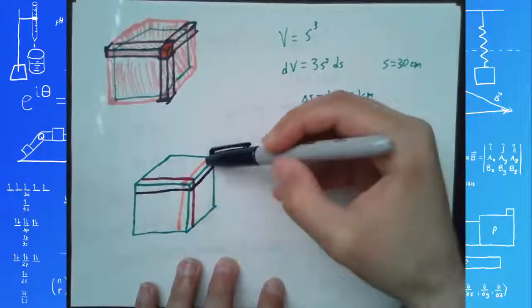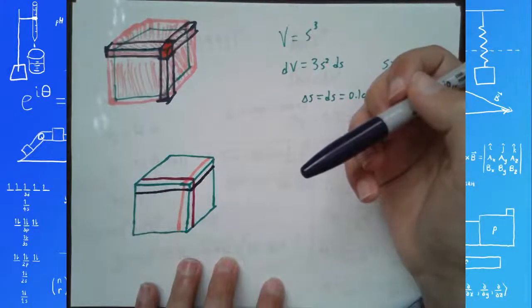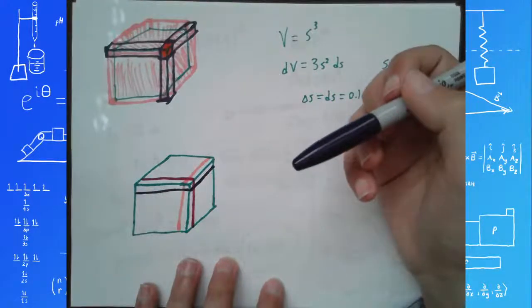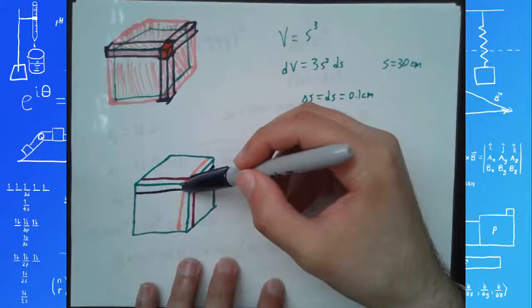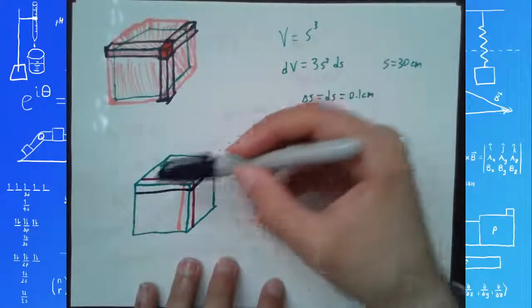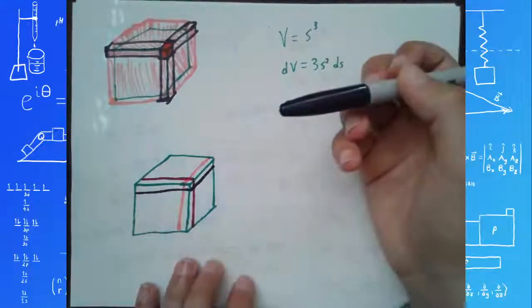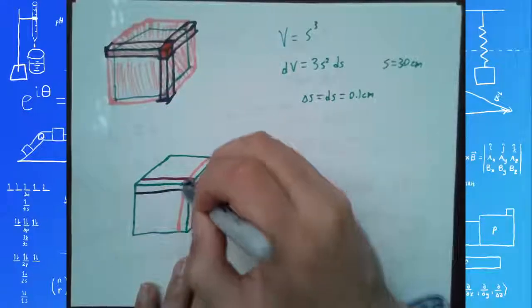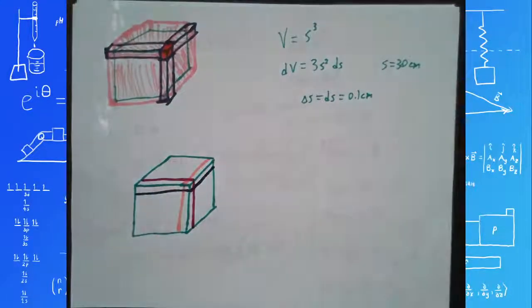In this case, the problem is that we're double counting and triple counting them. In this case, the reason that dV is different from delta V is that we're going to be double counting these bars and triple counting that corner cube. Let's see how that works.